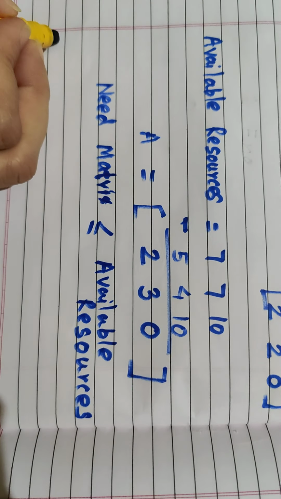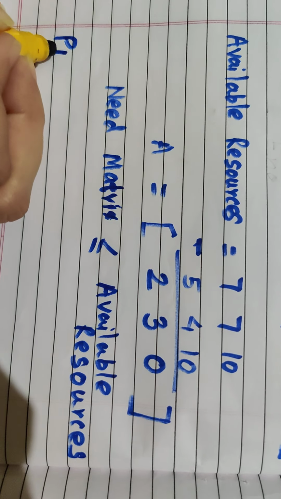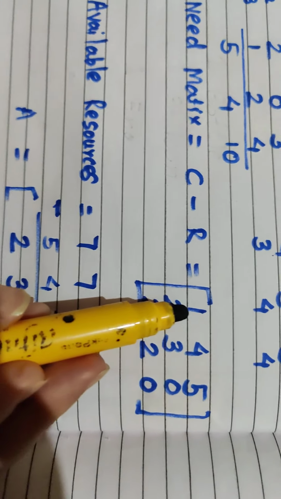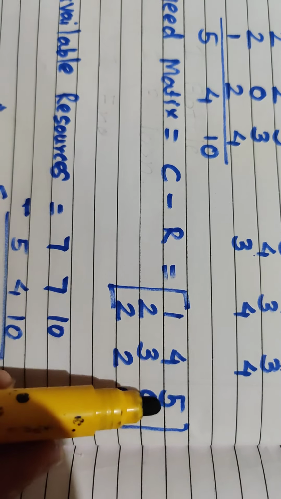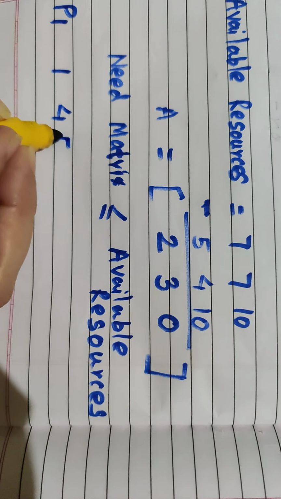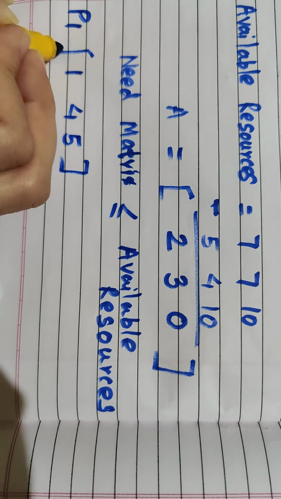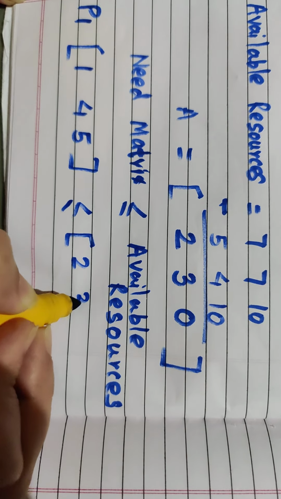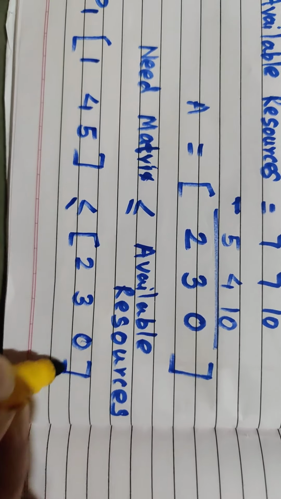For P1 we'll consider first. What is the need matrix for P1? The need matrix for P1 is 1, 4, 5. We have to compare this, less than or equal to available 2, 3, 0.